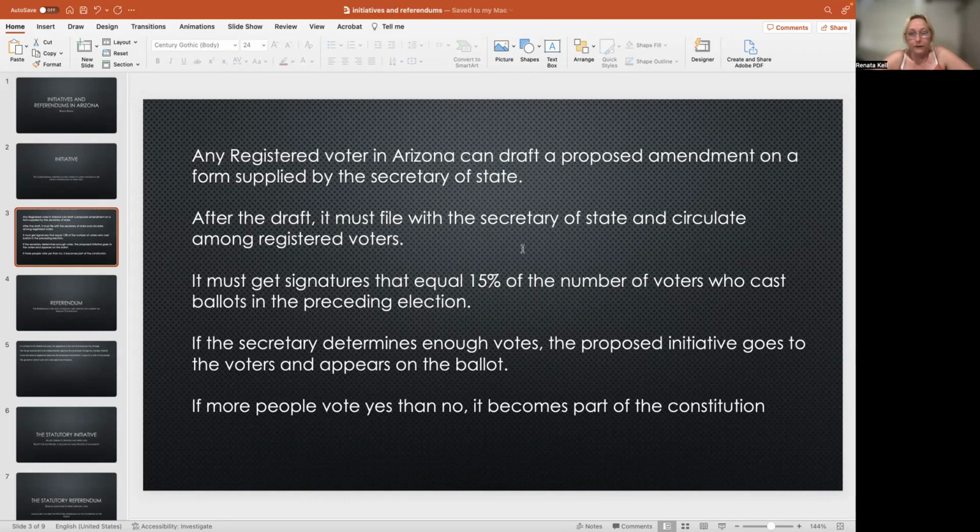The next stage would be if the secretary determines there are enough signatures, the proposed initiative will go to the voters and appear on a ballot. Once the people get to vote, if there are more yeses than nos, then it becomes part of the Constitution. And that's how initiatives work.